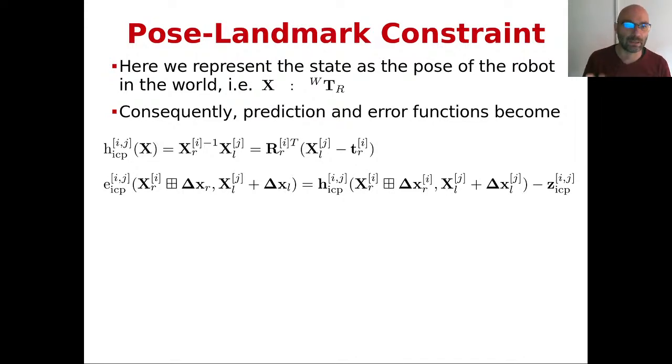Now, in this particular exercise, I wanted to parameterize the position of the robot in the world, so XR, as the position of the robot expressed in the reference frame of the world. Till now, we have always done the opposite.